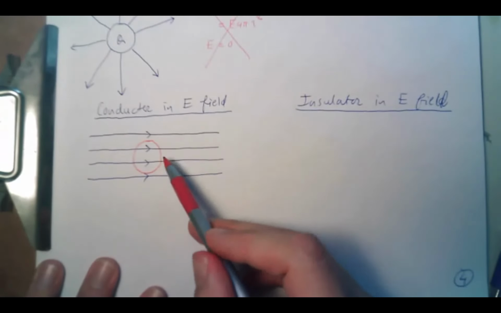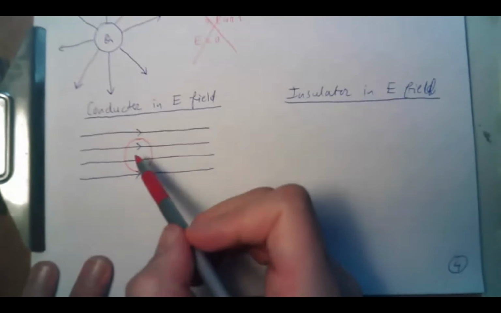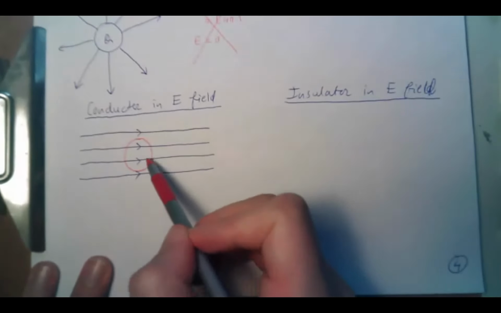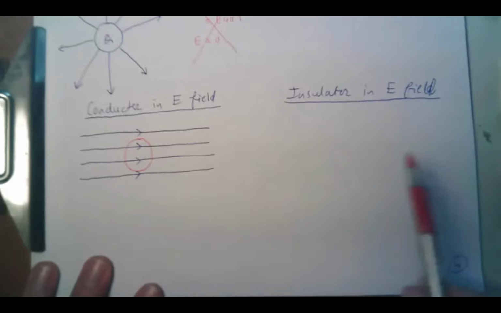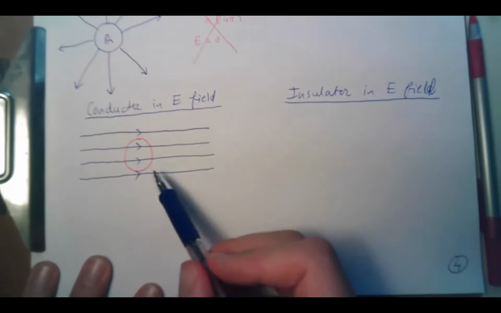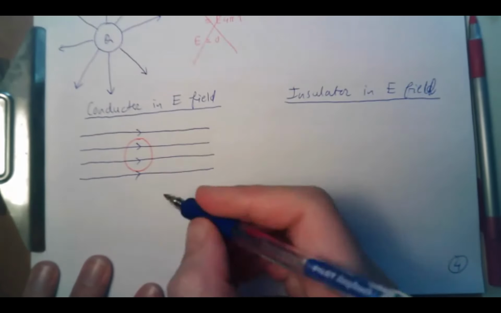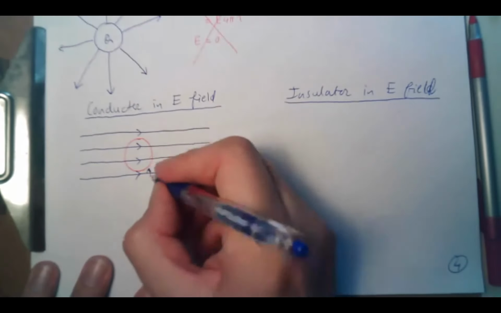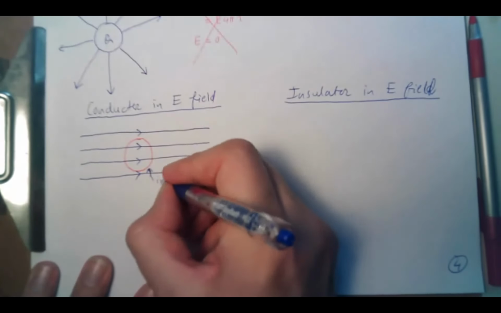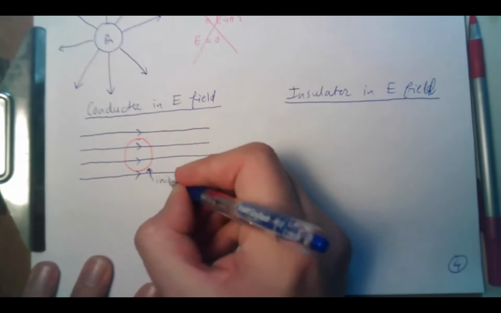And let's assume that it's a perfect sphere. And now the question is, what's going to happen to the sphere? Because the sphere is, let's say, initially neutral.